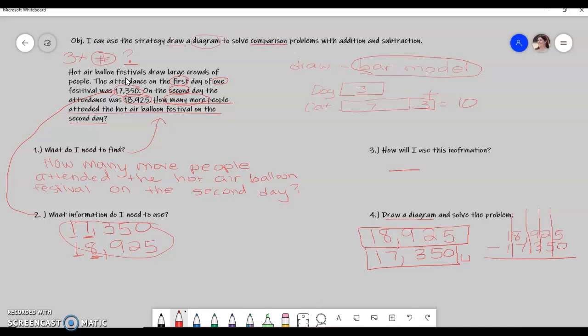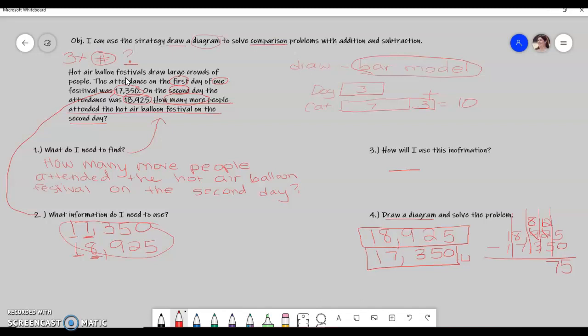Ones, start on the one side. 5 minus 0, 5. 5 on the floor. 5 is bigger than 2. So if there's more on the floor, go next door and get some more. Cross out the 9, make it an 8. Cross out the 2 and make it a 12 because you're adding 10 more to your 10s. 12 minus 5 is 7.